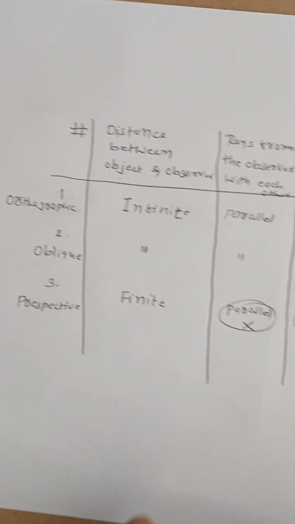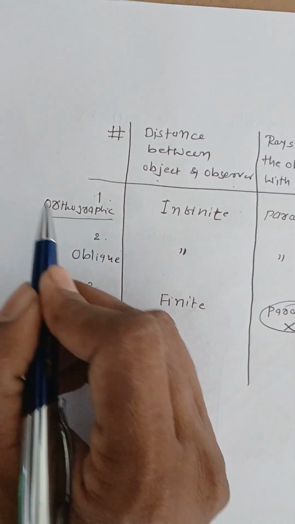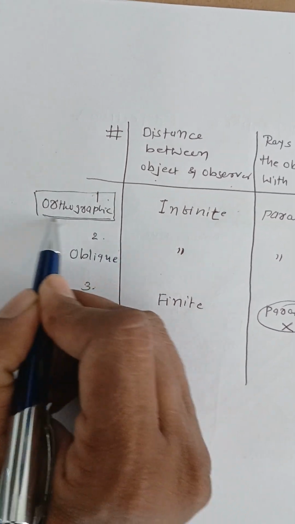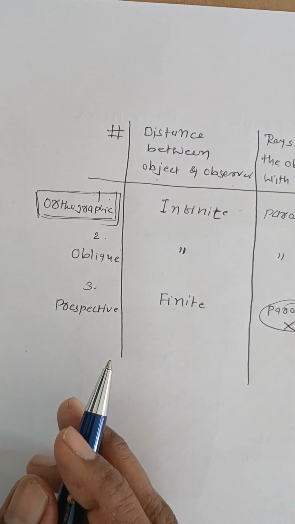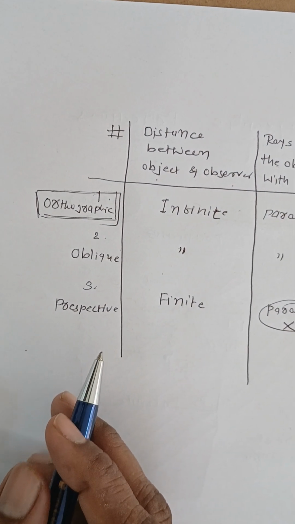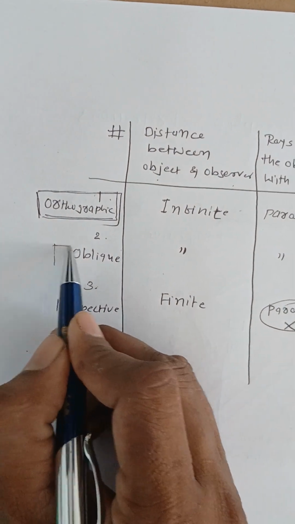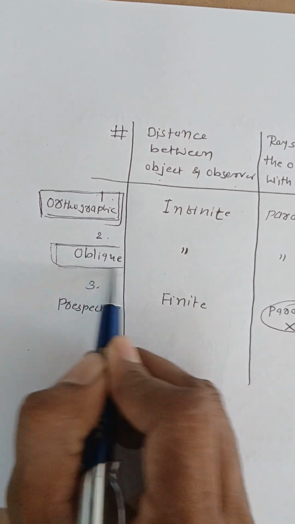Now, talking about examples: the plan of your home, the blueprint of the plan of your home, that is an example of orthographic projection, right? An example of oblique projection is what?